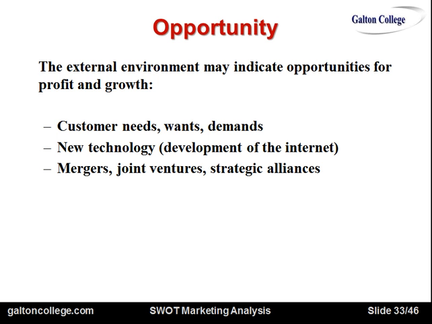There are also opportunities in terms of mergers and joint ventures and strategic alliances. These will be dealt with in other classes, but for the moment it simply put together means the companies coming together in some way. They could merge all the way and become one company. That might be an opportunity for some companies to merge with a competitor so as to become one and become stronger as a consequence.